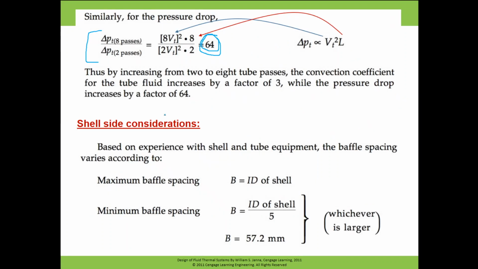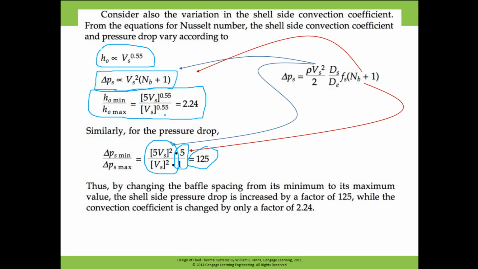So what we can see from here is that on the shell side, when you reduce the baffle spacing and increase the number of baffles, the ratio of the heat transfer coefficient is just 2.24. So there is some increase when you reduce the baffle spacing, about 2.24 times.